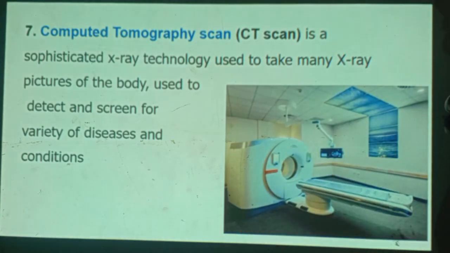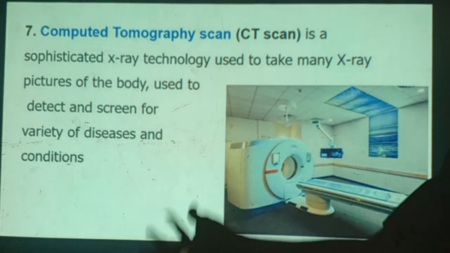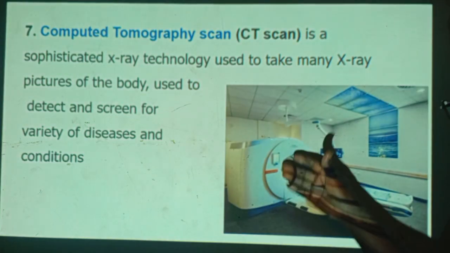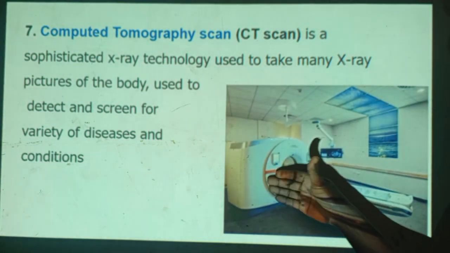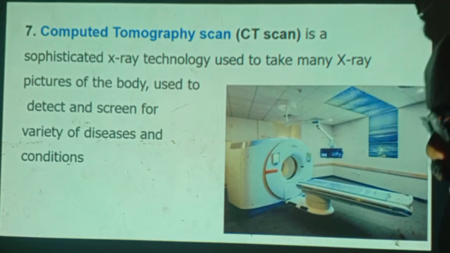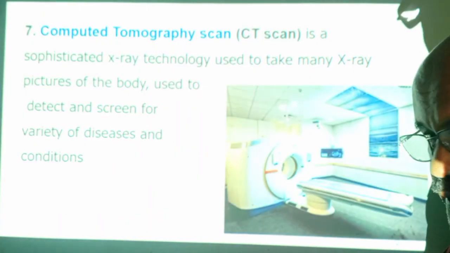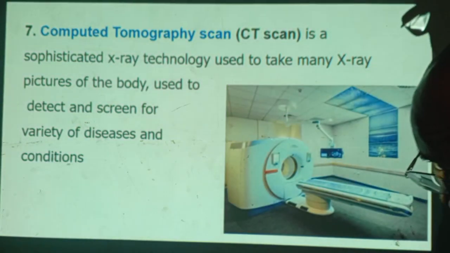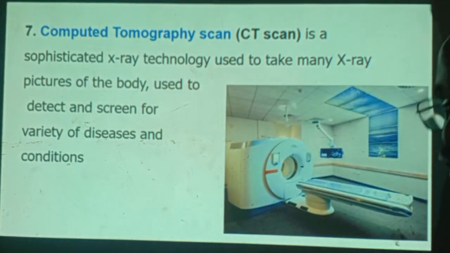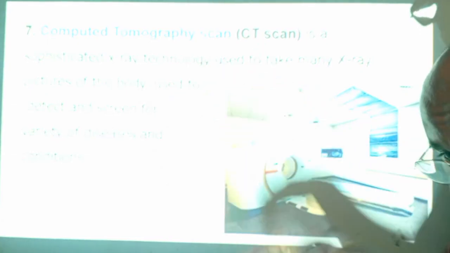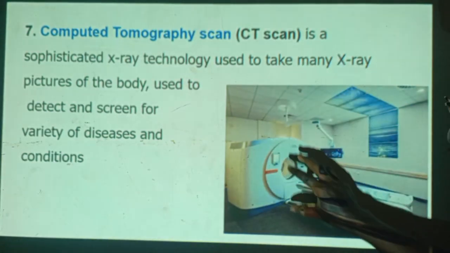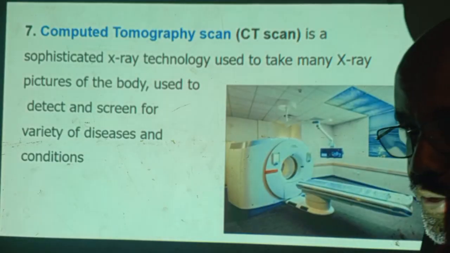It takes pictures and analyzes them so that the specialist observes the picture from the scanner and tells you the result. We call them radiologists. There are specialist doctors specialized in operating these machineries and reading the pictures taken from them.